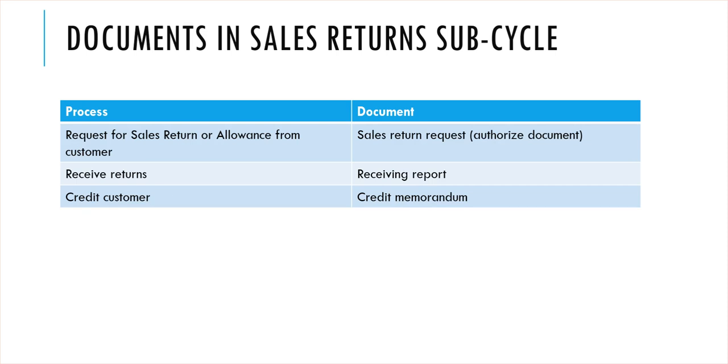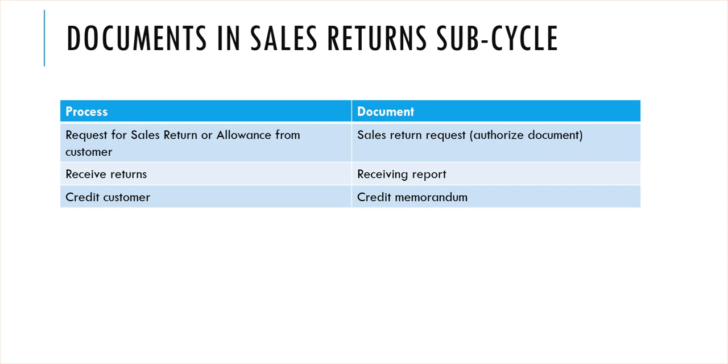The second one is when the returns actually come in. The receiving report is a report that's going to be completed by the individuals working in the receiving area. As I said before, it's closely tied to the warehouse, but it's not the warehouse. It's a separate area for receiving items in before they are transferred into the warehouse.